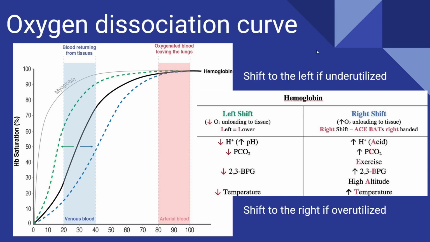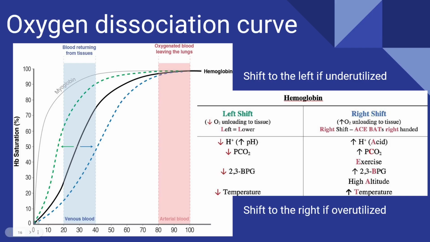There are more ways to visualize that utilization of oxygen, and one of those is the oxygen dissociation curve. The big thing we're looking at with this graph is how much of the hemoglobin is saturated. Normally it should be right in the middle here for venous blood, where 30% should have been utilized. That's why our SvO2 should be around 70%.